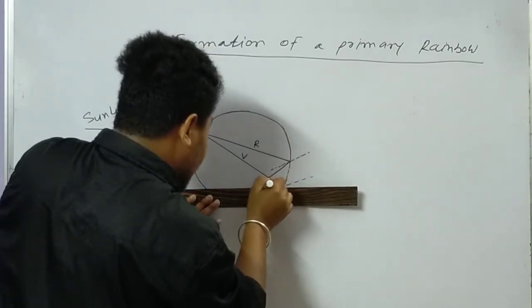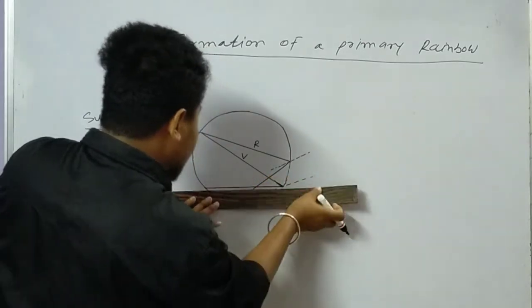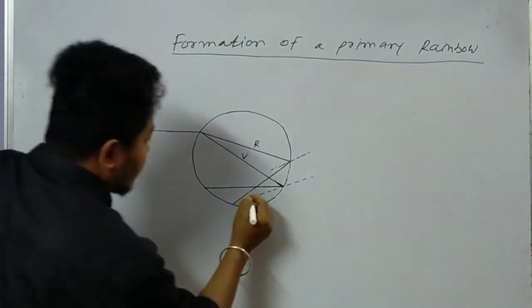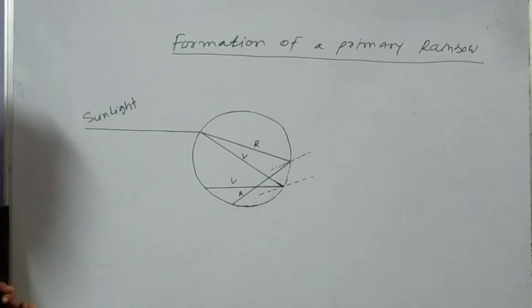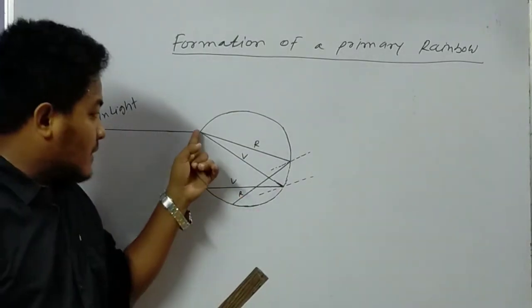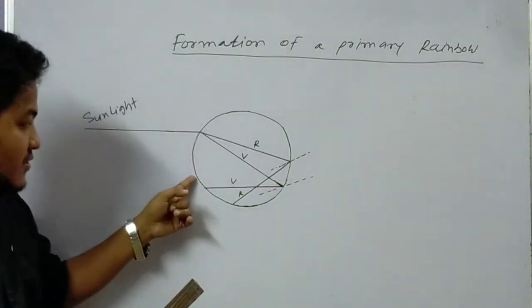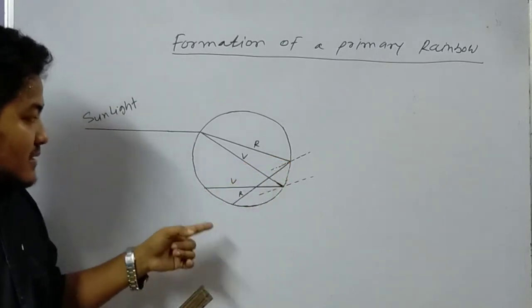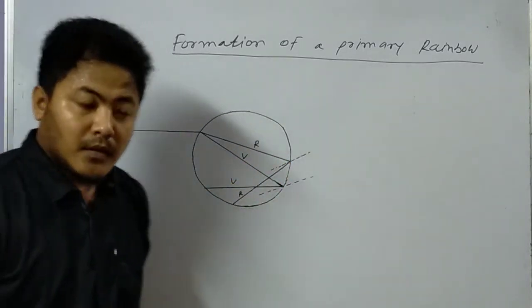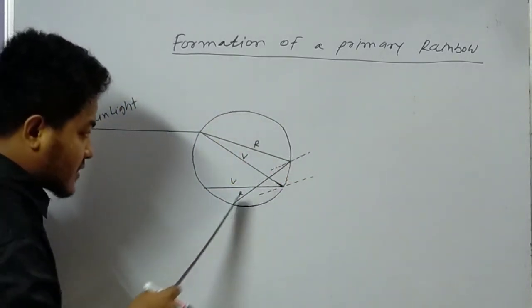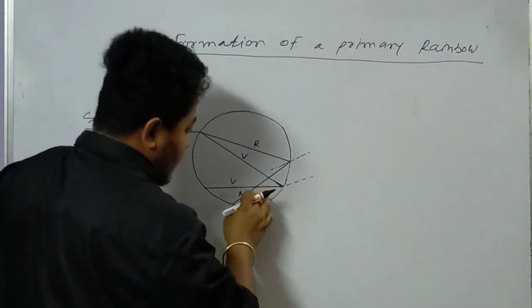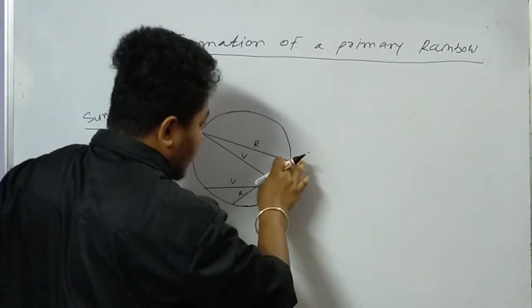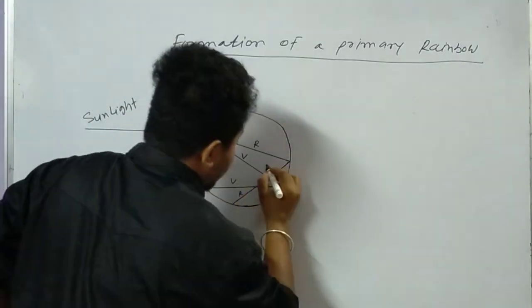Bent means it is again going to be total internal reflection. As you got it? So this is violet, again this is red. Who is deviating much? Violet is deviating much and red is deviating less. The reason I have told you. And what is this process? This process is your total internal reflection. So the normal will be like that.